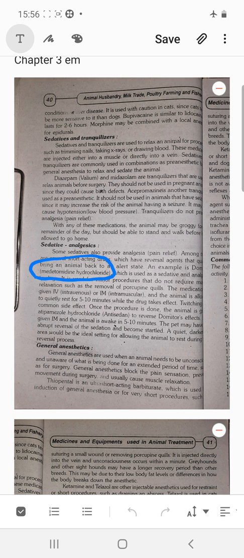Why do we give anesthesia to animals? Remember, anesthesia provides unconsciousness of the animal, and after the unconsciousness we carry out short or long procedures, such as stitching and other medicinal uses, under general anesthesia.